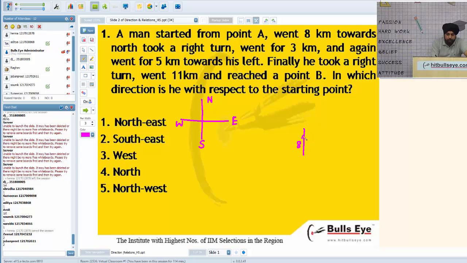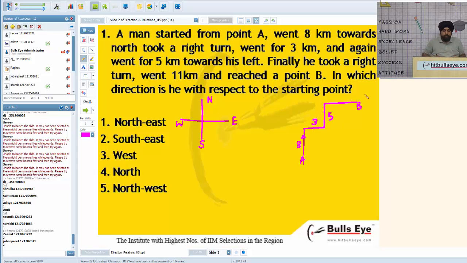A person going northwards will have a right turn towards the east side, covers 3 km, then takes a left turn and moves 5. Finally he takes a right turn, went 11 kilometers and reaches the point B. The question is, point B is in what direction? So students, he started from A, he reaches B.